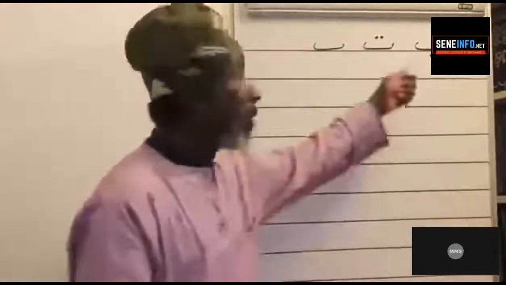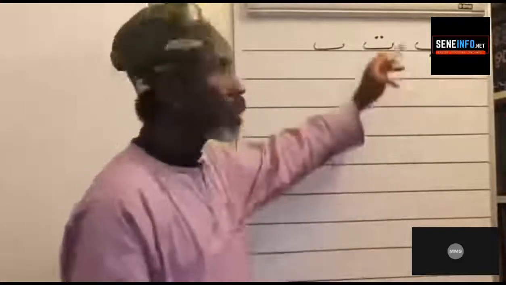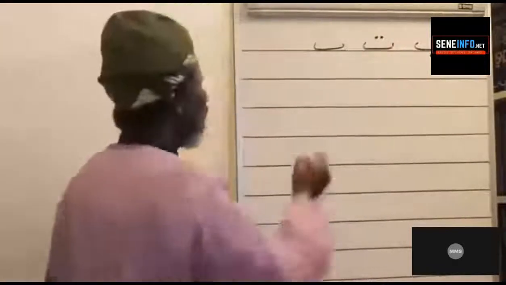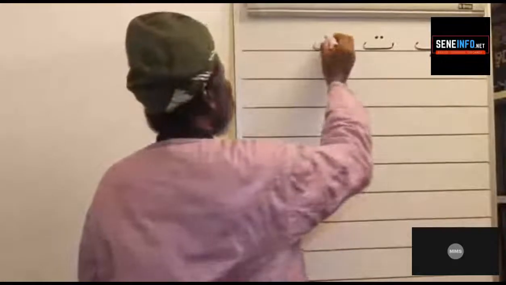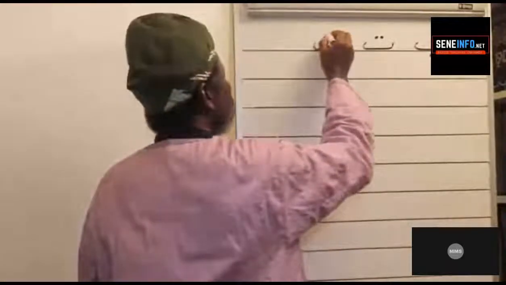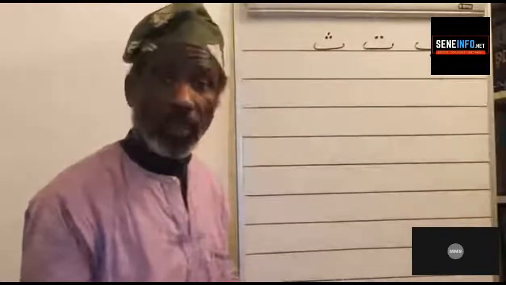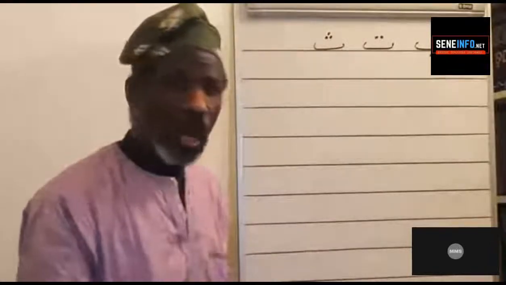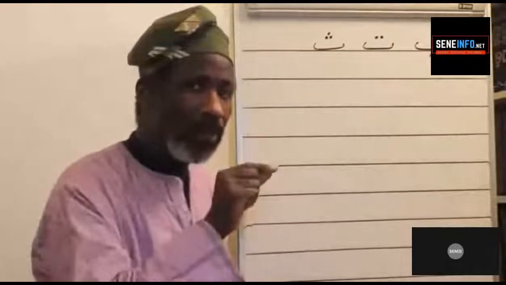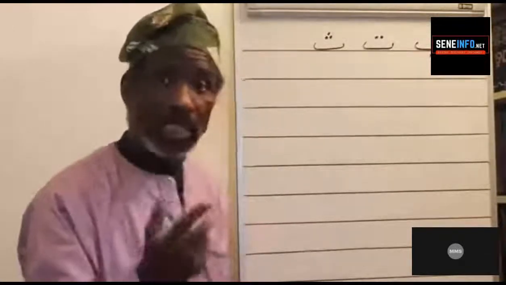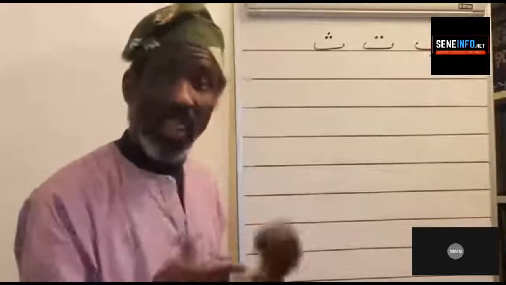So we have one below, ba, two above, ta. Let's put three dots, that's tha. So the boat family, one dot below ba, two above ta, three tha.